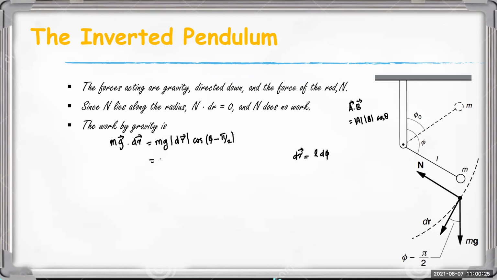Then we substitute here mg L cos of phi minus pi by 2 into d phi.